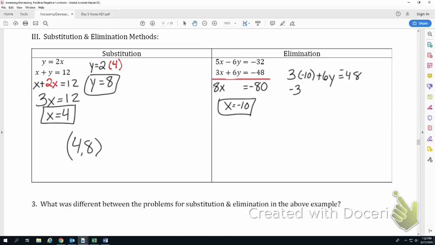Thank you. So I'd multiply to get negative 30. I would add 30. And then I would divide by 6.